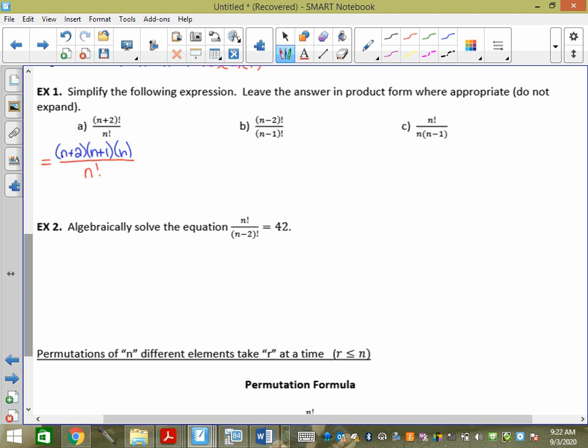Or I can just put a factorial symbol saying it's going on forever. Now, why can I do that? Why would I stop there, basically? Now you have n factorial on the top, and n factorial on the bottom, don't you? They match. So that's why I stopped there, because it matched the denominator. So now I can cross them off, because it's n factorial and n factorial, and I'm left with n plus 2, n plus 1.